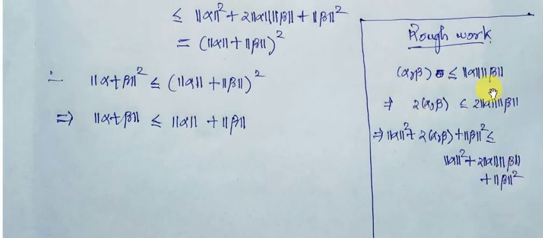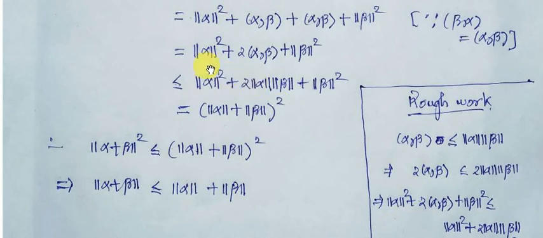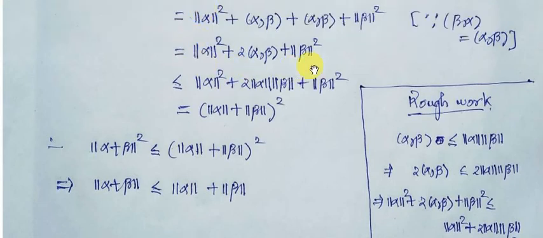Clear? So we have used this line here. This will be less than or equal to norm alpha square plus 2 into norm alpha norm beta plus norm beta square, and this is equal to norm alpha plus norm beta whole square.